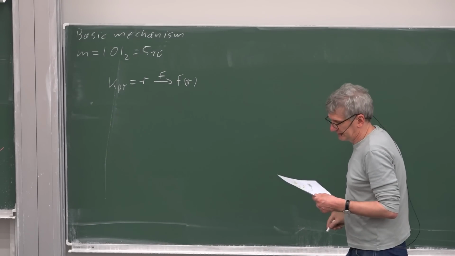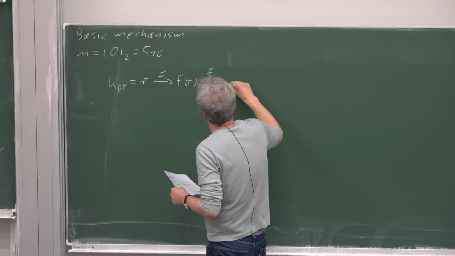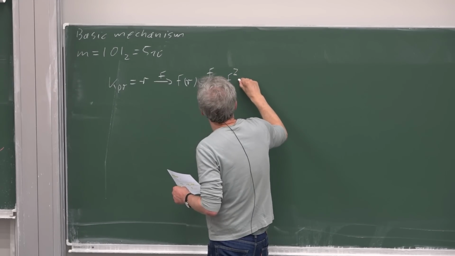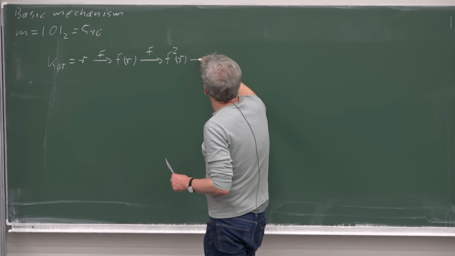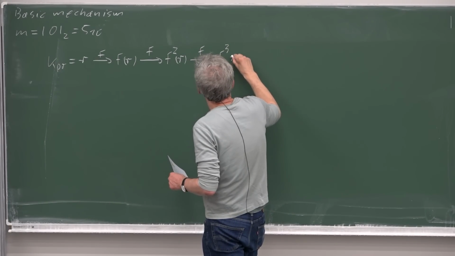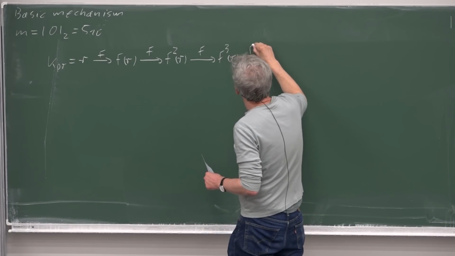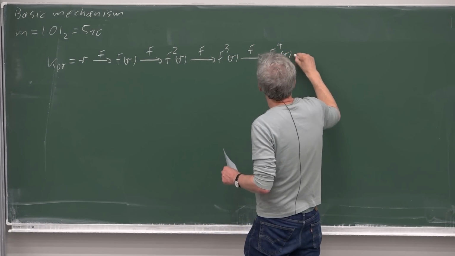So you do this, F to the R. Then you apply F again, you get F square of R, right? The output is again put through a hash function. This is F to the 3. Again F, this is F to the 4th.